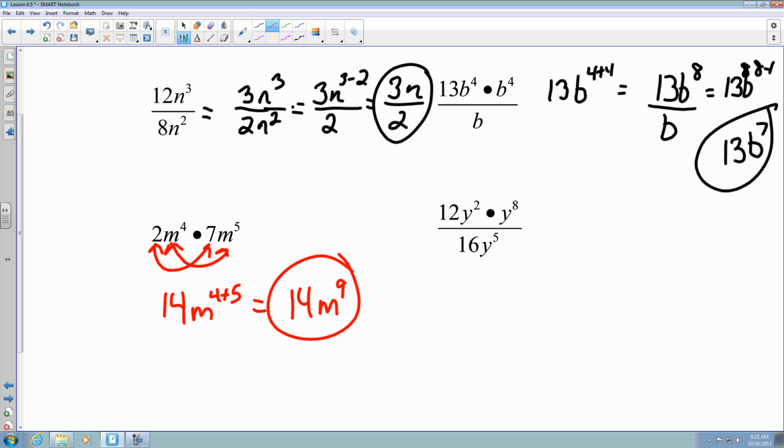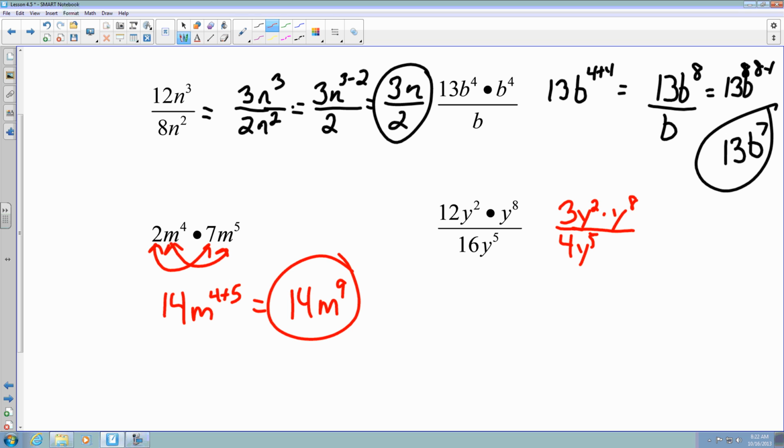Last example on this page: 12y squared multiplied by y to the 8th divided by 16y to the 5th. I look at the numerical values, and can I reduce them? I can divide them both by 4, which gets me 3 on the top and 4 on the bottom. I'm just filling in the variable.